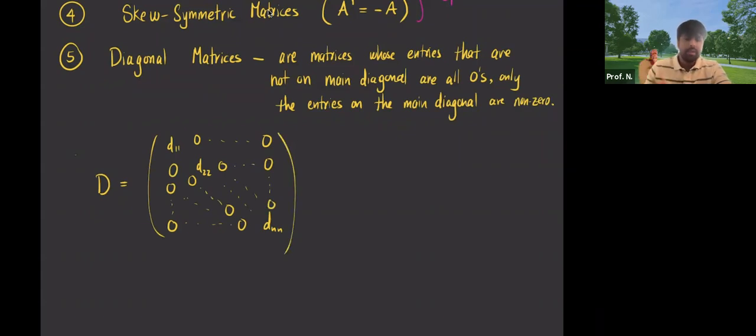So we have matrices that only have non-zero entries along the main diagonal, and we call those diagonal matrices.